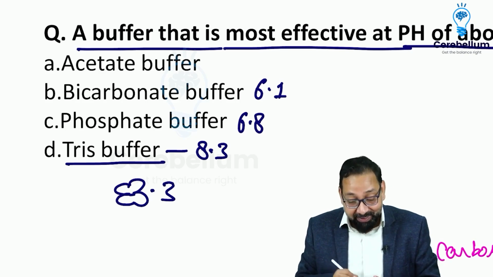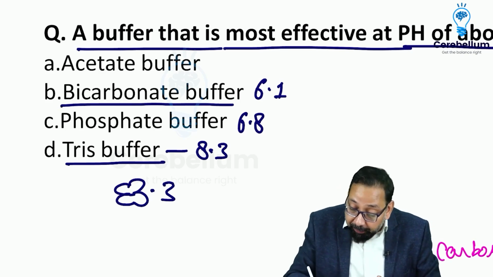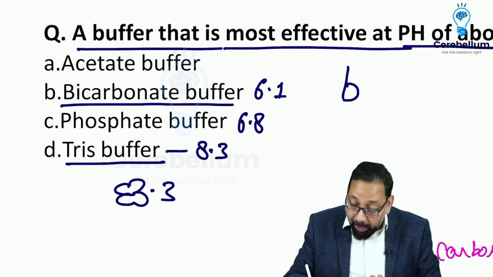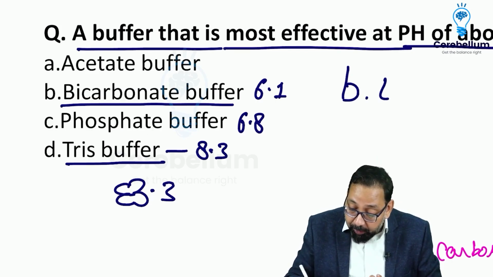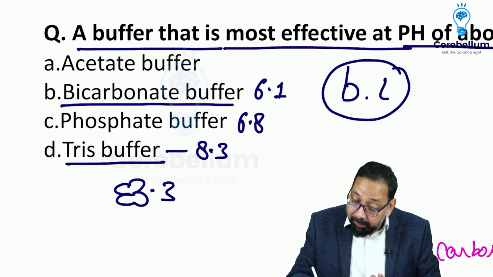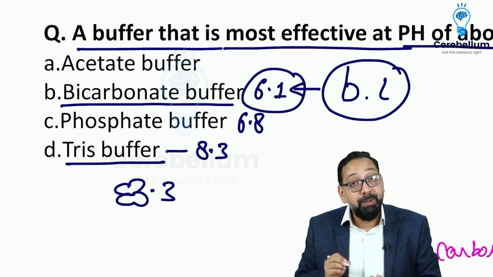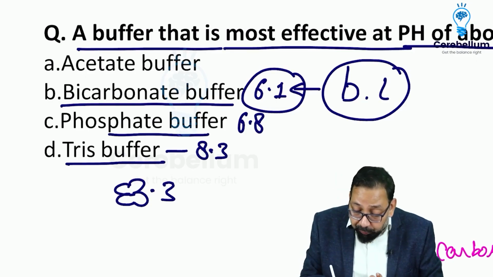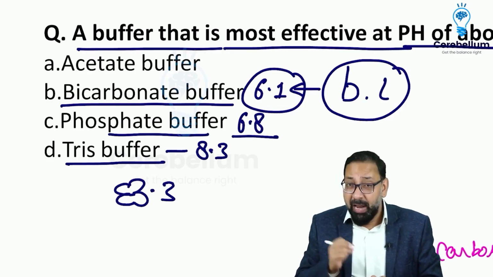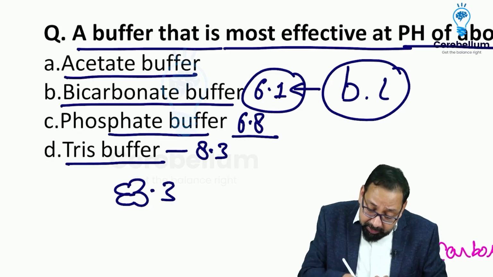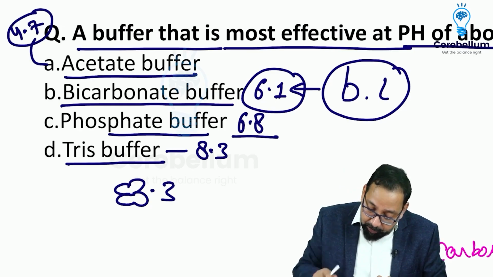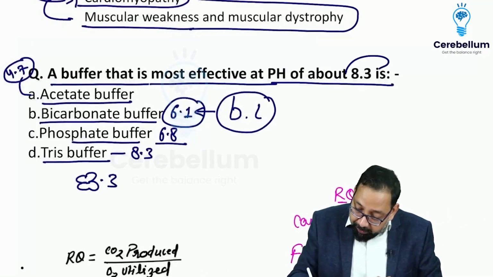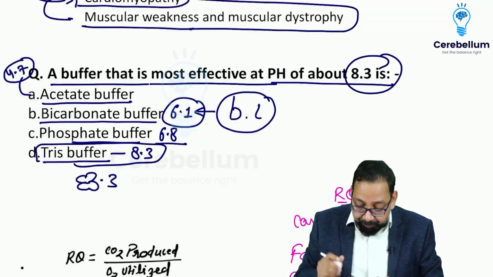Tris buffer. Bicarbonate: if I write a small b, i, and the dot of the i here, this is bicarbonate. 6.1, b looks like 6. Phosphate, 6.8, rhyming. Acetate, 4.7. So the buffer most effective at 8.3 is Tris buffer.